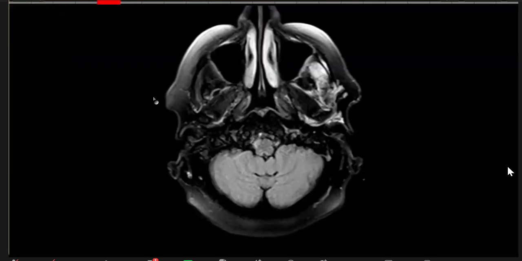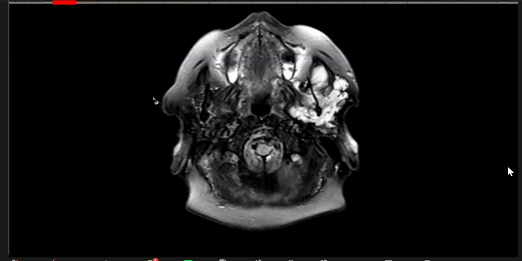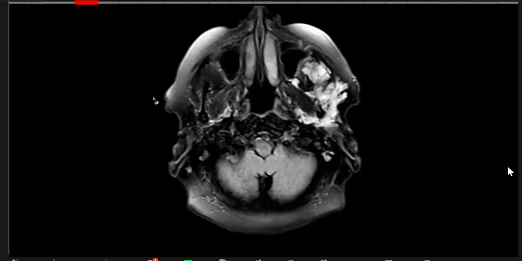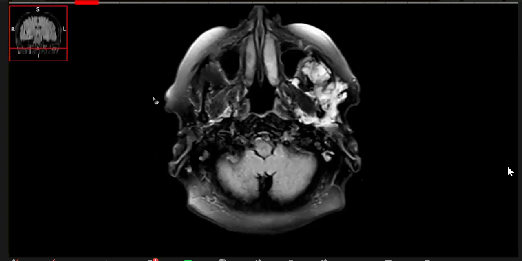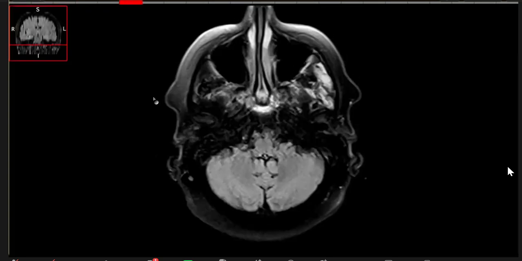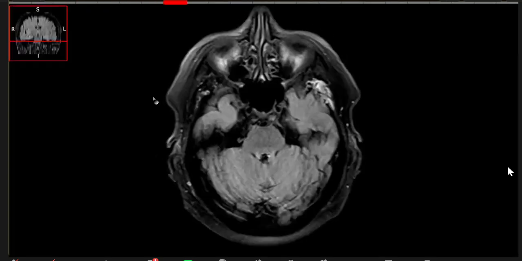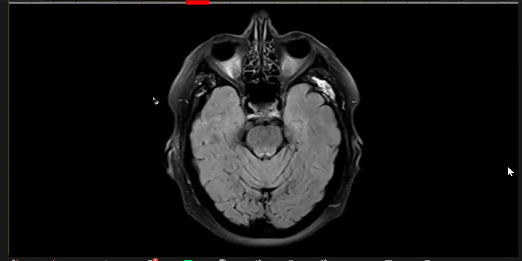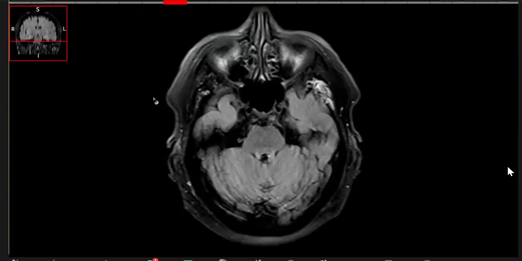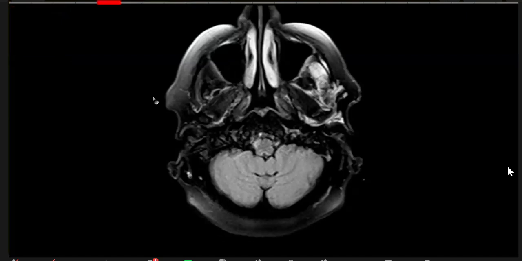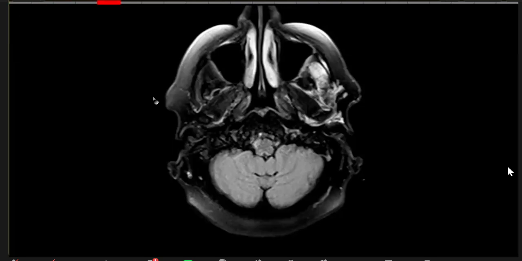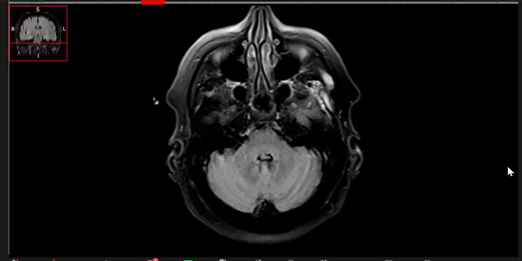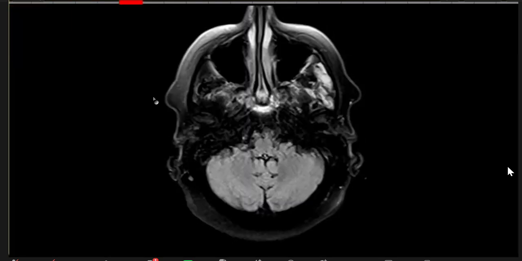Okay, so in the base of skull, I noticed that on the left side, I would like to see the T2 weighted images if available. Have you picked up anything? Any suspicion of anything? On the left side in the region of the internal acoustic meatus, there is some hyperintensity I noted.